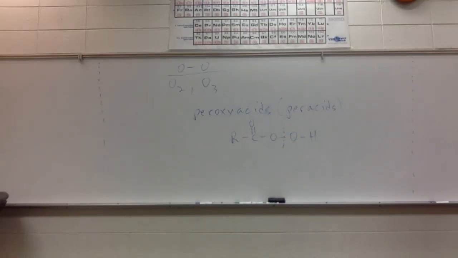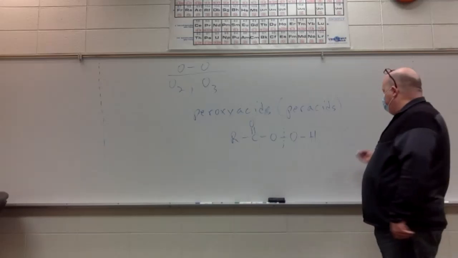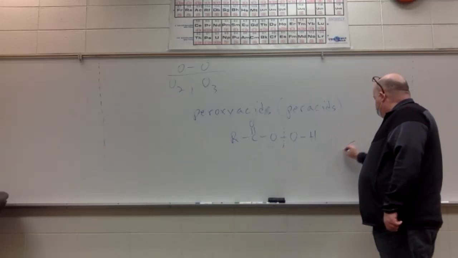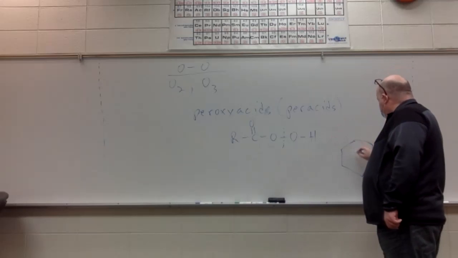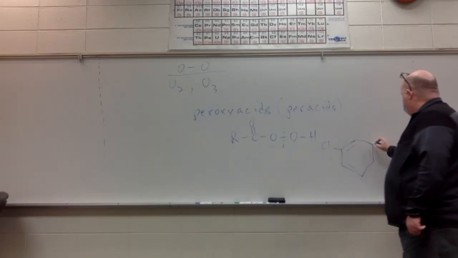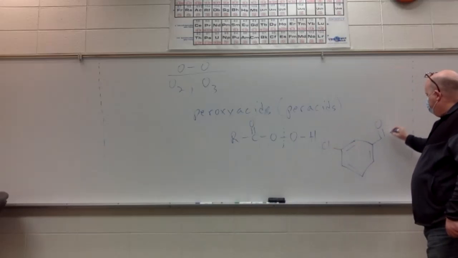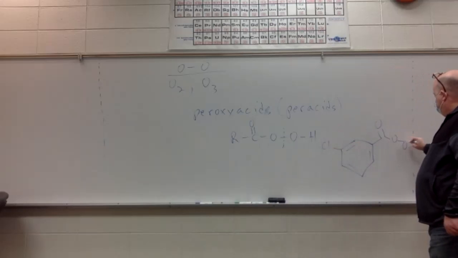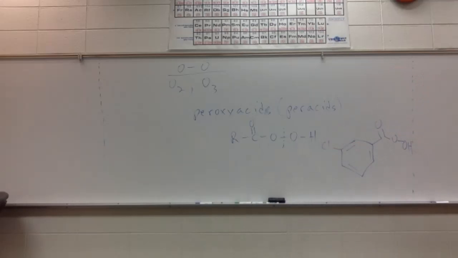All right, there's one very particular one that we're going to use a lot. I want to go ahead and just highlight that one. That one is called metachloroperoxybenzoic acid.